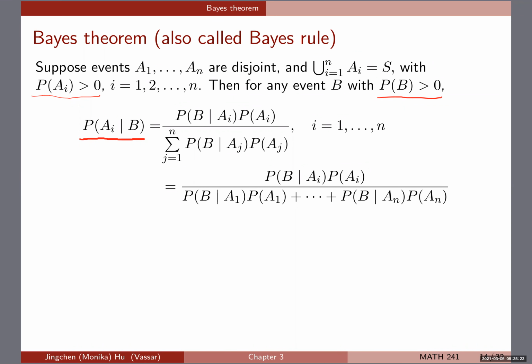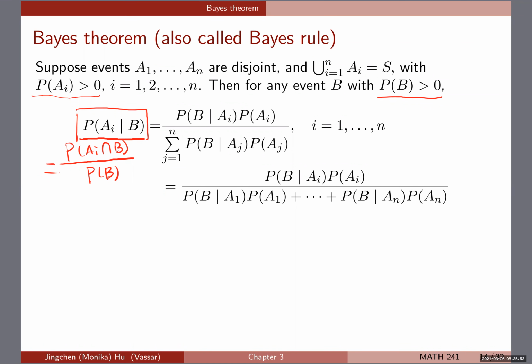The way to get to that is, first of all, this is a conditional probability, right? So we know that there should be the joint of Ai and B over P(B). In order to get it, we know that the joint can also always be written as the product of the conditional and the marginal, the other way around.